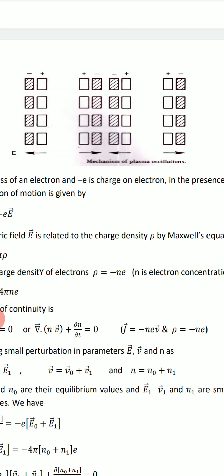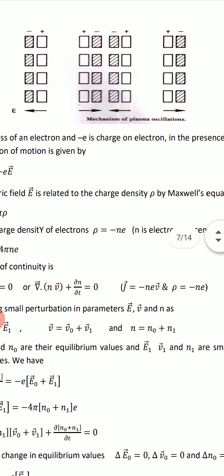If by some means these electrons are displaced from their mean positions, in the direction as shown by these arrows, then since plasma has a property that it tries to become neutral, these electrons experience an electric field in the opposite direction so that the neutrality of plasma is restored.